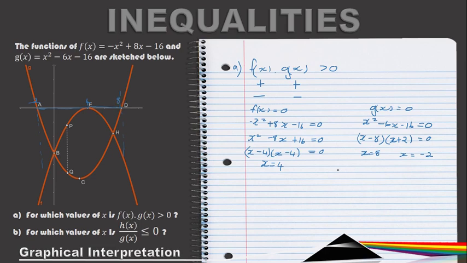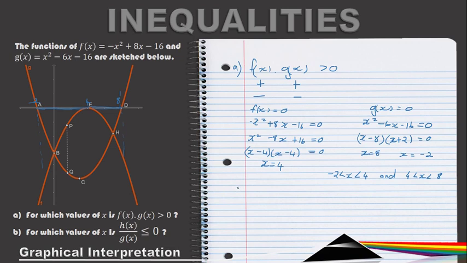So we can say that negative 2 is less than x and x is less than 4, and 4 is less than x and x is less than 8. The first part describes this region over here, the second part describes this region over here.